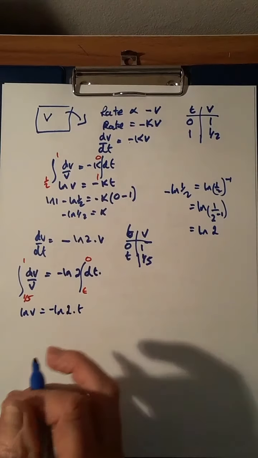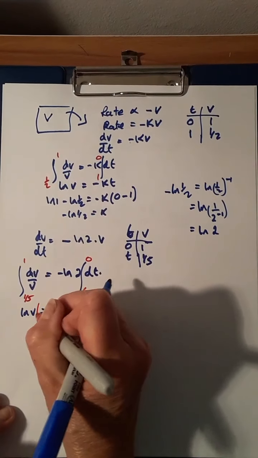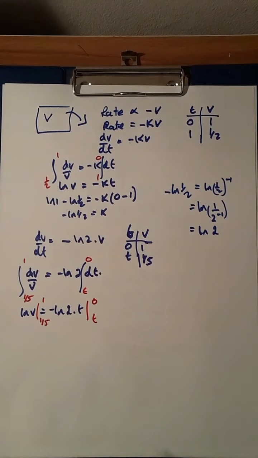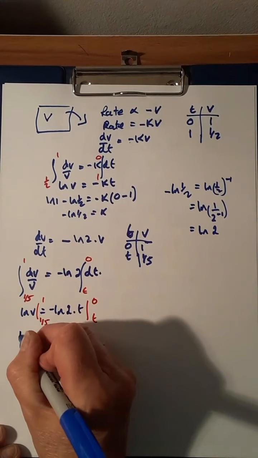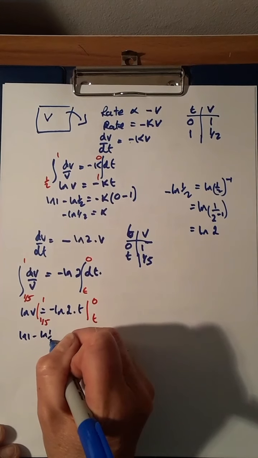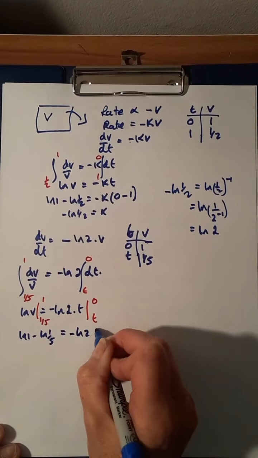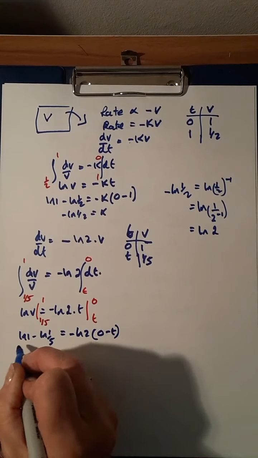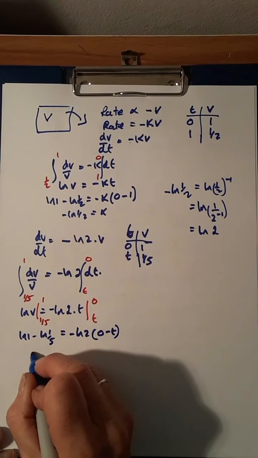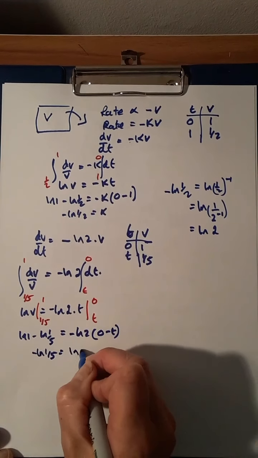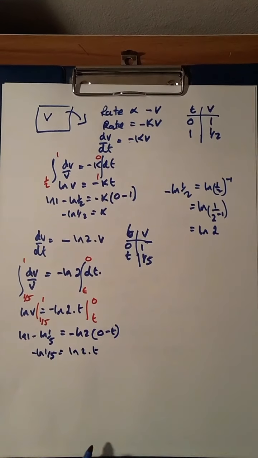Remember, V is going from 1 down to 1/5, and t is going from 0 to t. So this is ln of 1 minus ln of 1/5 is equal to minus ln 2 times t. The ln of 1 is 0, so this is minus ln of 1/5 is equal to ln 2 times t.